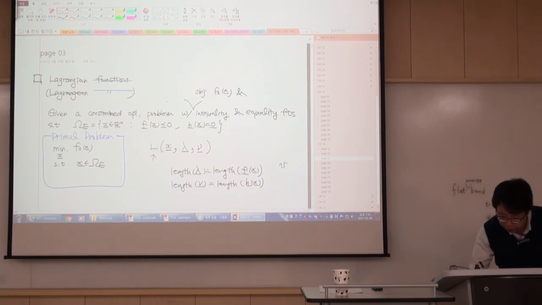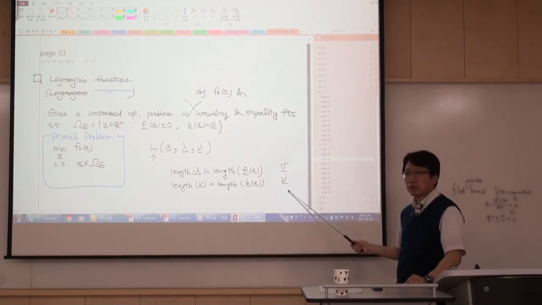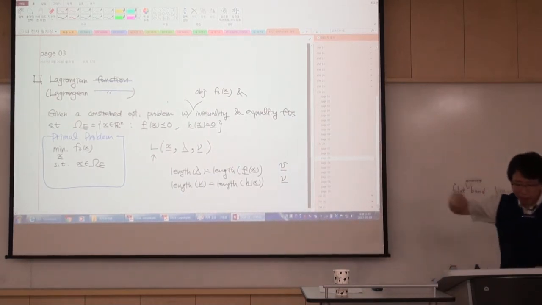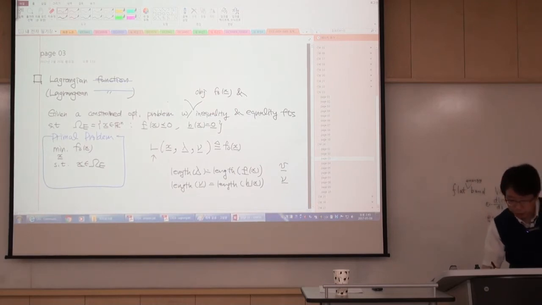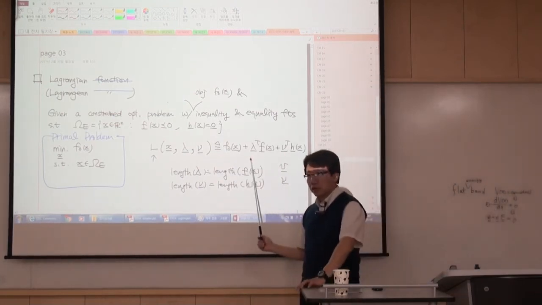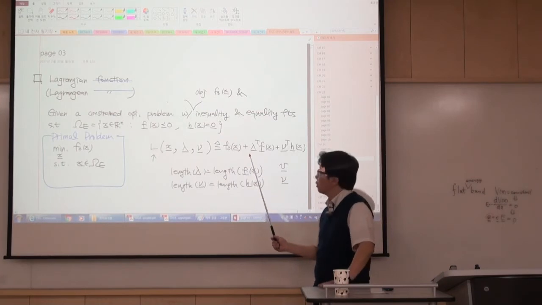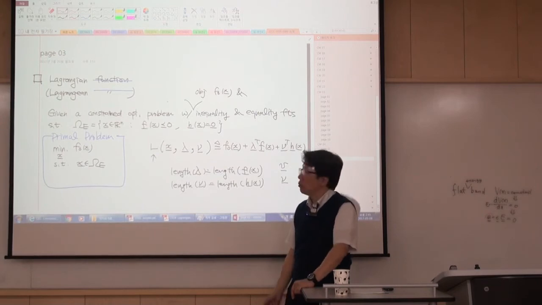By the way, this is v, this is nu, in my handwriting. Be careful. And this Lagrangian is defined interestingly like this: the original objective function plus lambda transpose f plus nu transpose h. This is the Lagrangian corresponding to this primal constrained optimization problem with inequality and equality constraint functions.